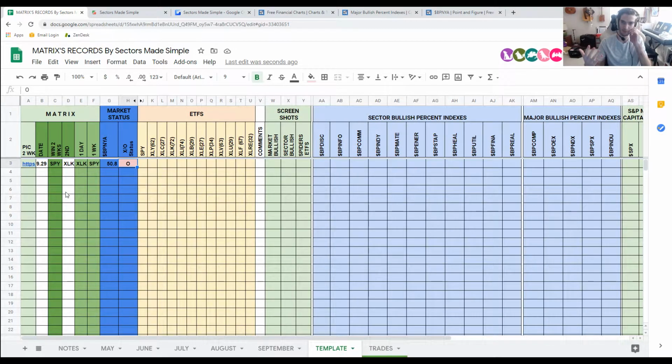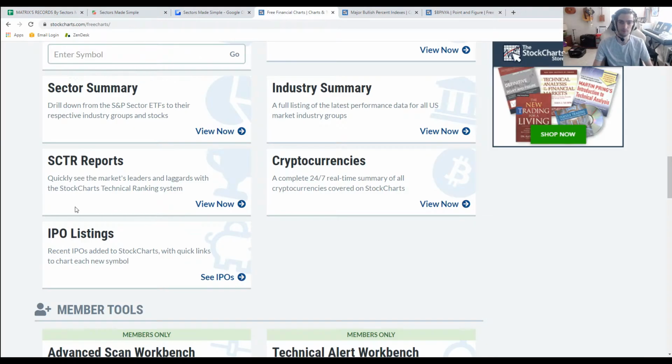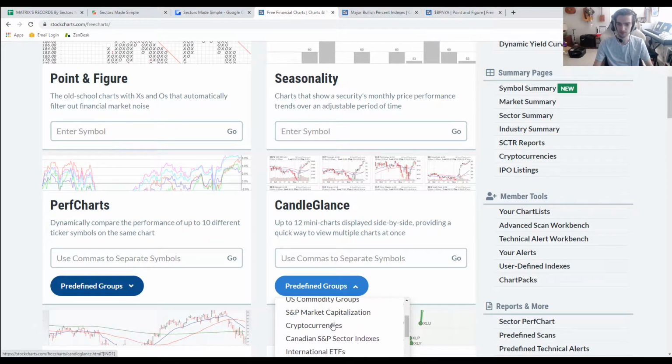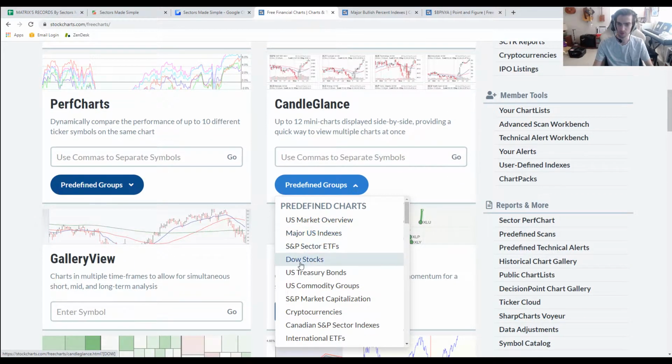So we're going to go back here to our candle glance, and here, let me scroll down. We're going to click here on S&P sector ETFs.